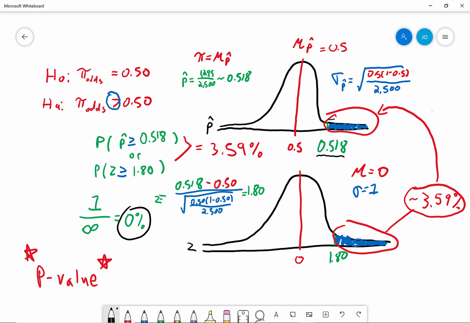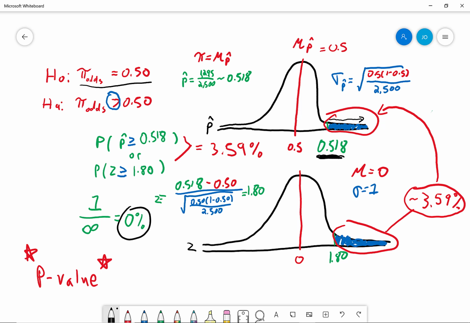We look for all that stuff greater than, if in fact there was a 50% chance of rolling an odd number. So if I gave you a fair dice, if the chance of rolling an odd number was 50%, if that is true, there is a 3.59% chance you would have gotten this sample proportion or one bigger.